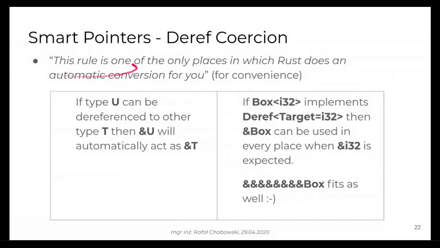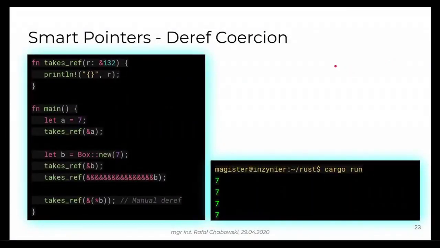And here you can see some text from the Rust documentation that this rule is the only place in which Rust does automatic conversion for you. In all other places, any conversions must be explicit. And this is done for convenience. And as we can see on the next slide, we have a function that takes a reference to i32 and prints the value.